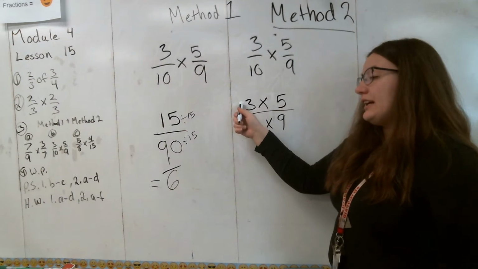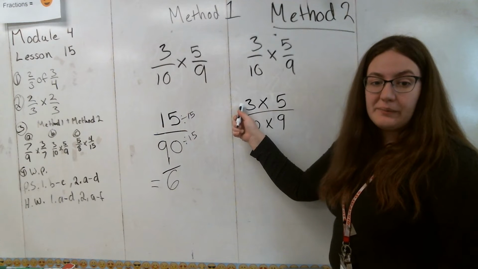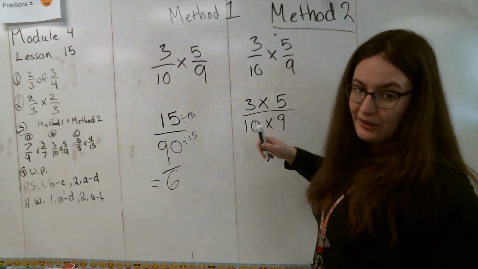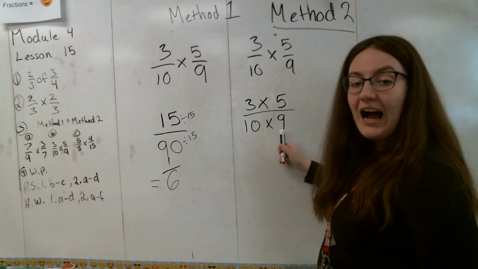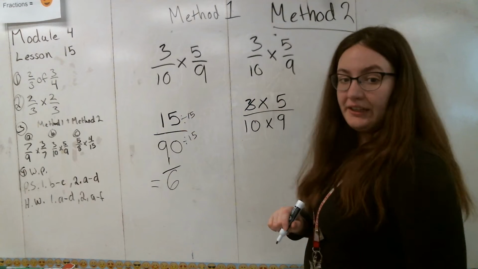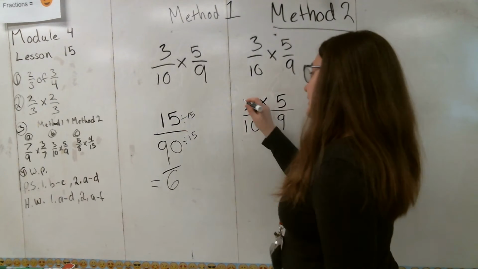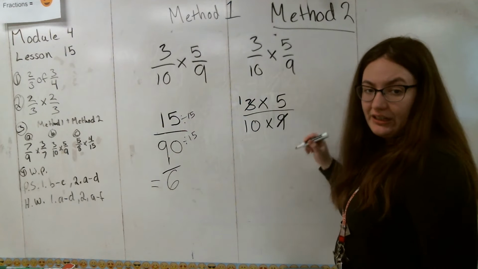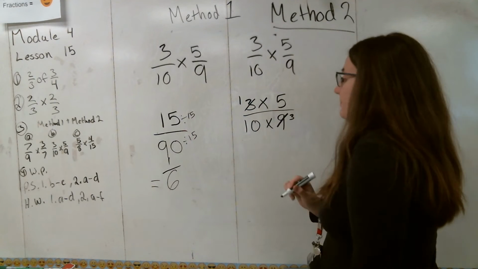So if I have a 3 in my numerator, I'm going to think about, is there anything in my denominator that can be divided by 3? And in this case, yes, there is, because I can do 9 divided by 3. So I'm going to cross out this 3, and I'm going to do 3 divided by 3, which gives me 1. And then I'm going to do 9 divided by 3, and that gives me 3.